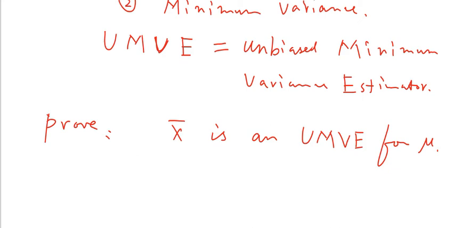So X bar is the best estimate for mu. We can say the sample mean is the best estimate for the population mean.